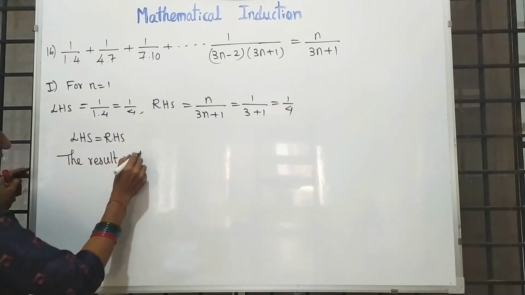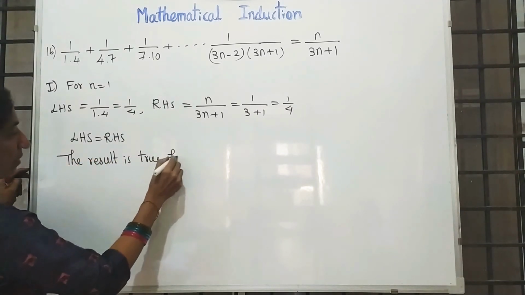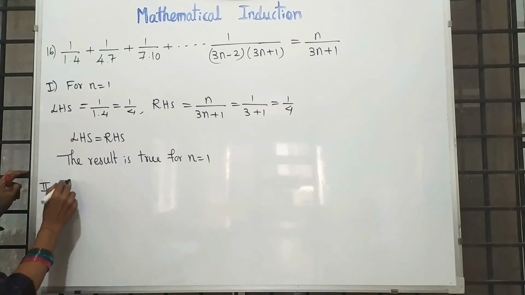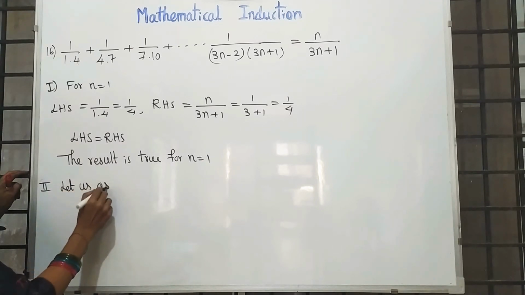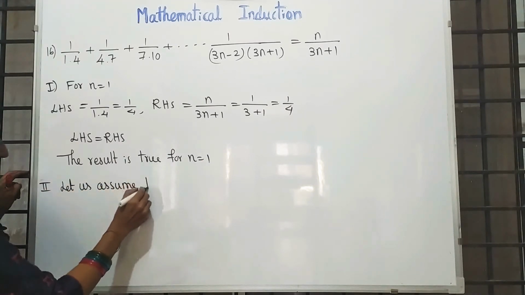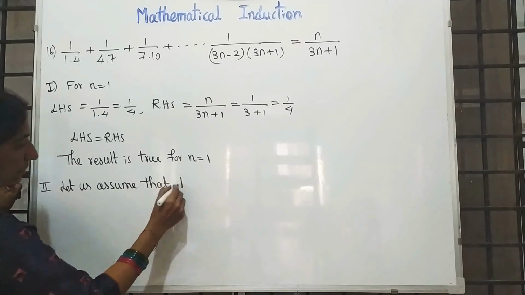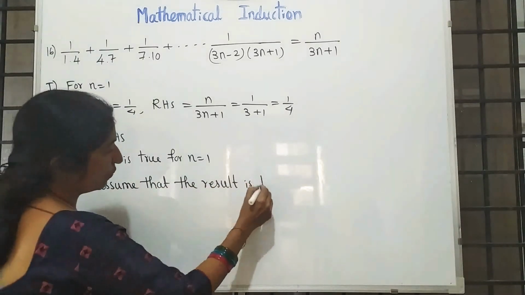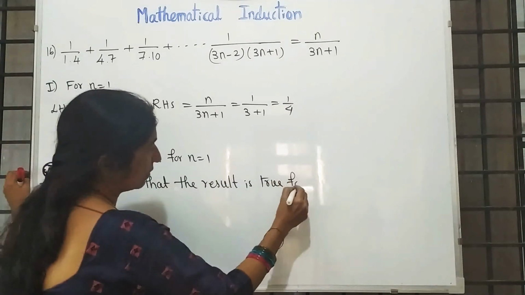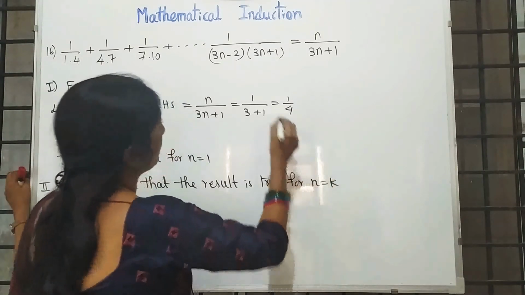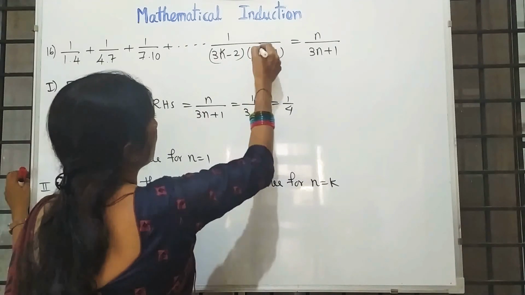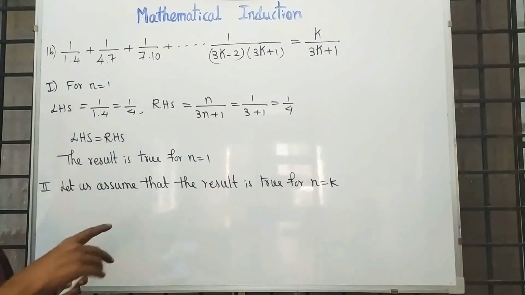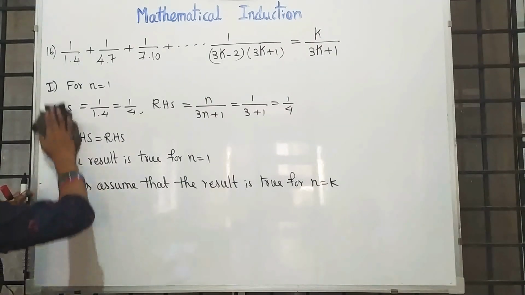The result is true for n equal to 1. Second step, let us assume that the result is true for n equal to k. Wherever n is there, we are replacing it by k.